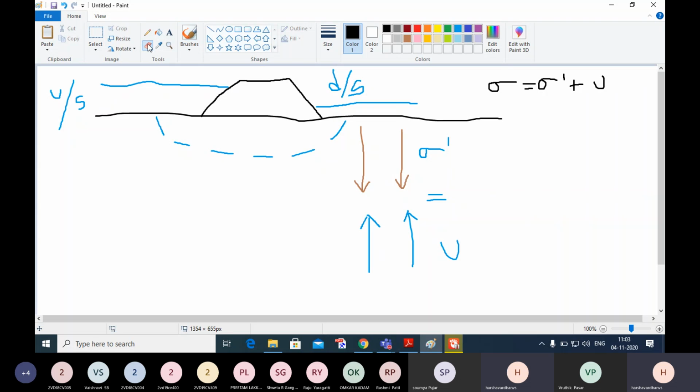And because the pore pressure is acting in opposite direction, this equation will become effective stress equals total stress minus pore pressure.